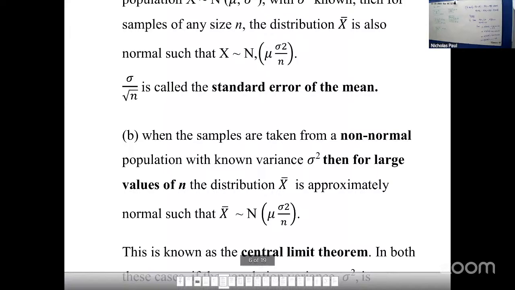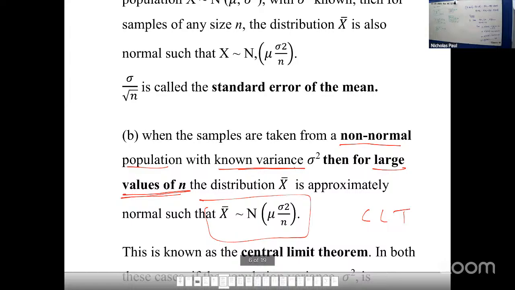So whenever we have a non-normal population, binomial, whatever, with a known variance, once we have a large number of values, they allow us to approximate to this. And the theorem that we use is called the CLT, central limit theorem.